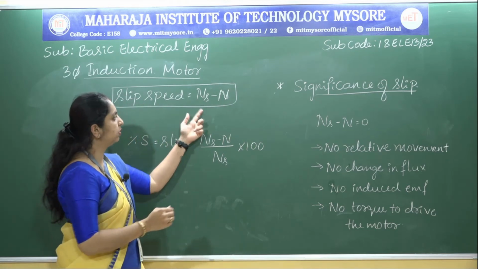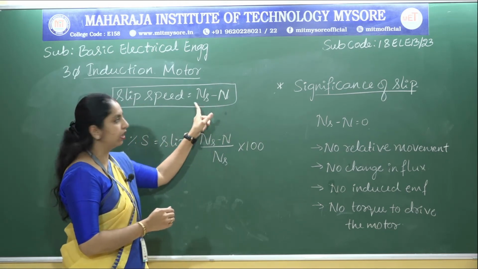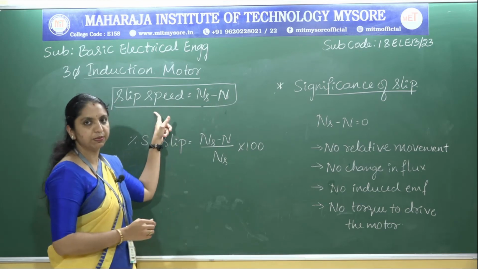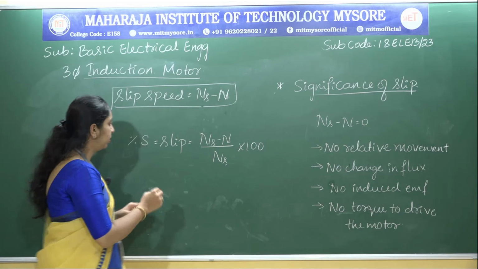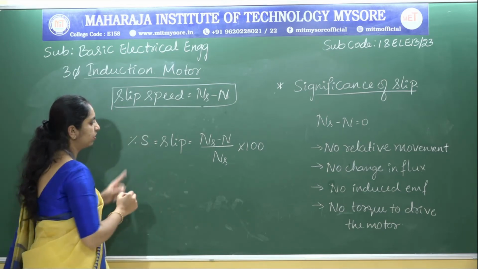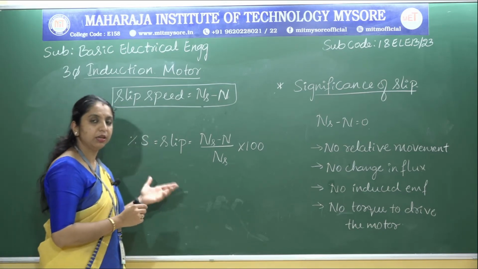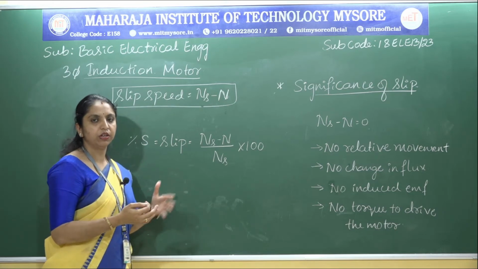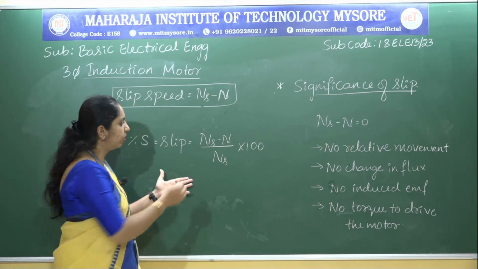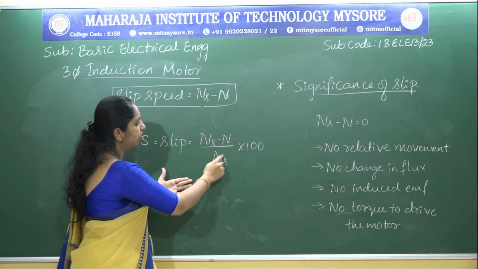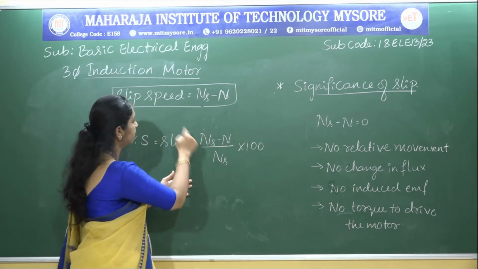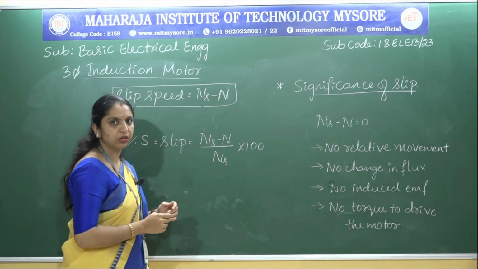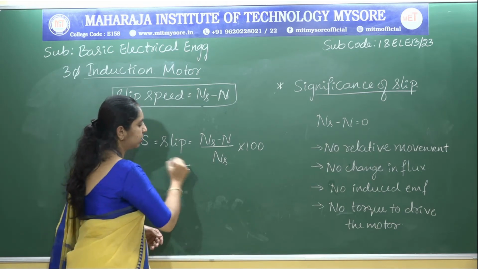So ns minus n is nothing but slip speed. Similarly, we have another term called slip, denoted as S, of course in terms of percentage. The slip is defined as the ratio of the slip speed to the synchronous speed. ns minus n is the slip speed and ns is the synchronous speed. So this is nothing but slip.